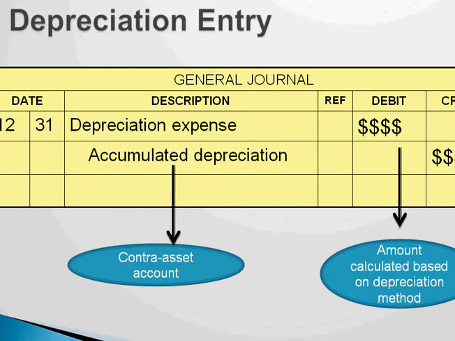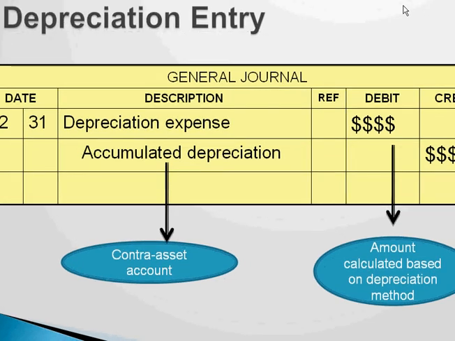So how do we record the entry? We debit the depreciation expense and we credit the accumulated depreciation. Okay, we debit the depreciation expense and we credit the accumulated depreciation. The accumulated depreciation is a contra asset account.